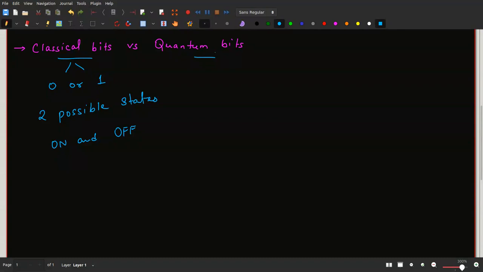Now what happens in quantum bits? One more thing: we are calling them qubits. Qubit is short for quantum bit.